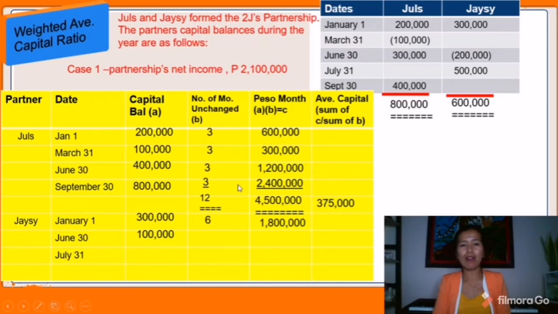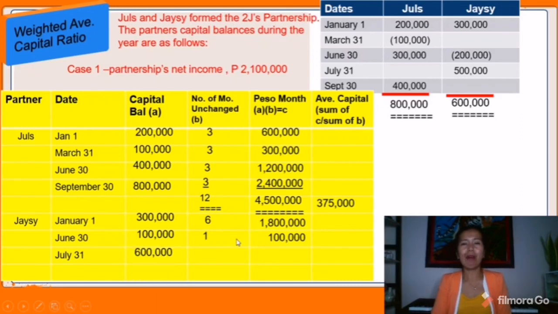We get a balance of 100,000. And the number of months is from June 30 to July 31. That is only 1 month, and the peso month is 100,000. And finally, on July 31, the capital balance would be 100 plus additional investment of 500. That will give us 600,000 pesos.